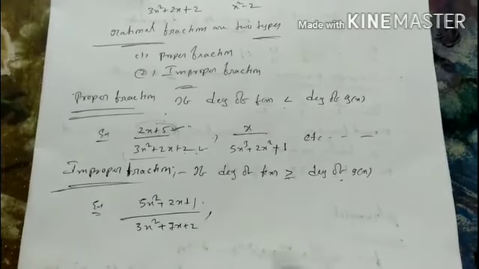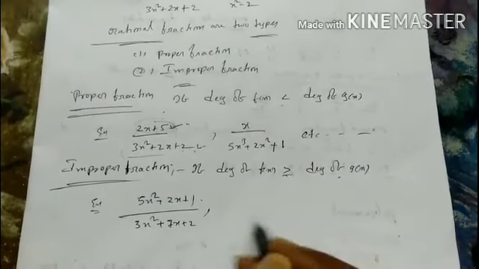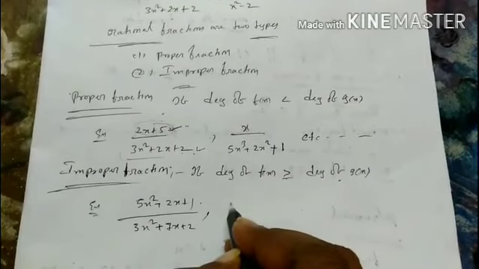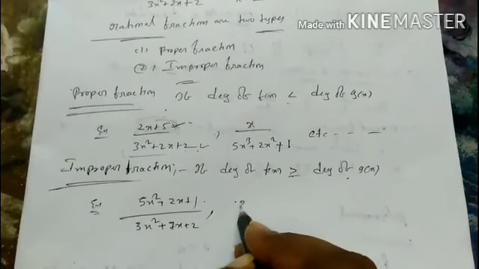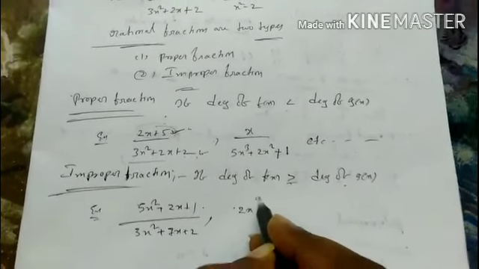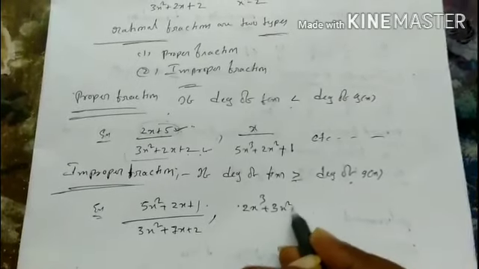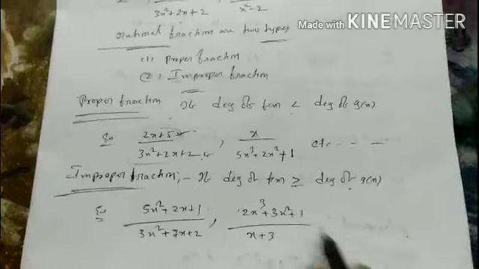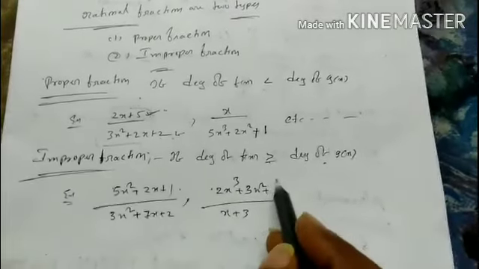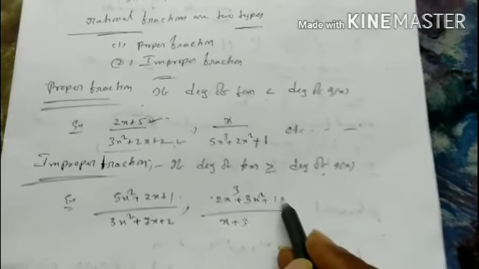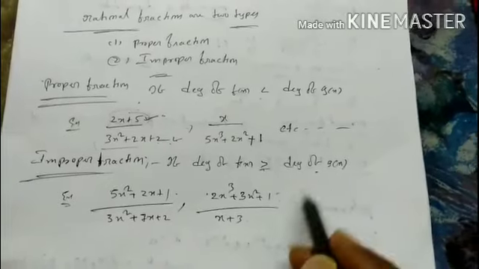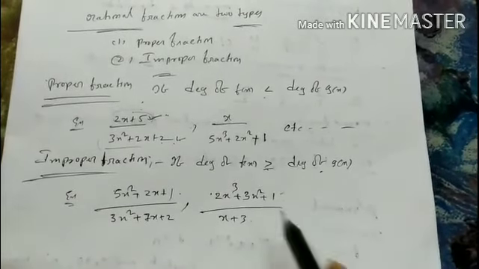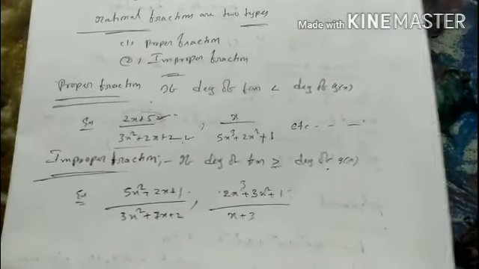That's why this is an improper fraction. Next one, 2x cube plus 3x square plus 1 by x plus 3. This is a third degree polynomial, this is a first degree polynomial. That's why this is also called an improper fraction.